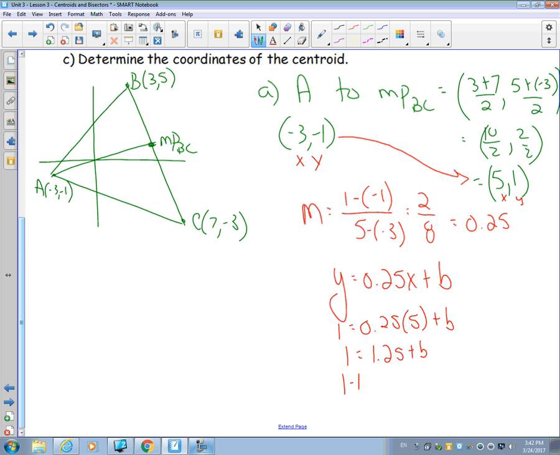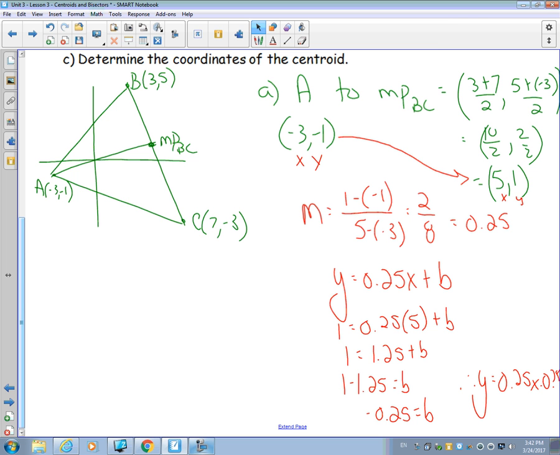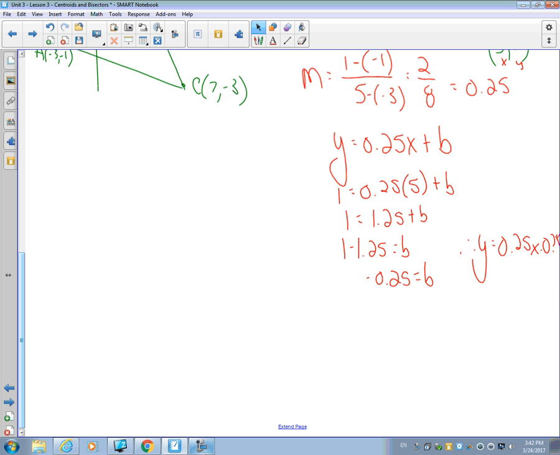I'm going to rearrange this so I can solve for b. And b is negative 0.25. So in other words, the equation is y equals m, that was 0.25, x plus b, and b is negative 0.25. So that's a little squishy. I'm going to move it and just make it a little bigger here.